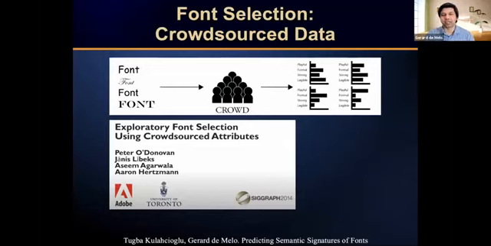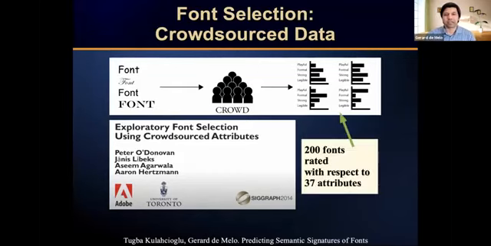They gave some fonts to crowd workers and asked them to rate the font with respect to a bunch of different attributes. Overall, this data set gives us 200 fonts that are rated with respect to attributes such as playfulness, how formal is it, how legible is it, and various other kinds of attributes, in total 37 attributes.